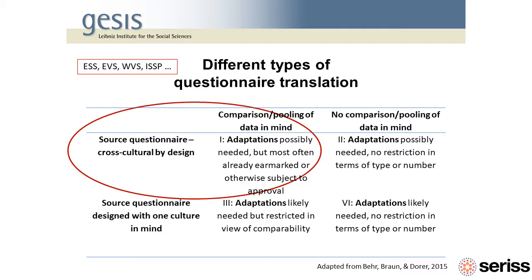So it is thought that once you do a very thorough and considerate development of the source questionnaire and prepare it for its cross-cultural implementation, countries can translate it and only adapt it where they have been given the possibility to adapt it.